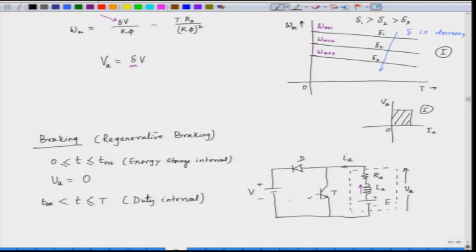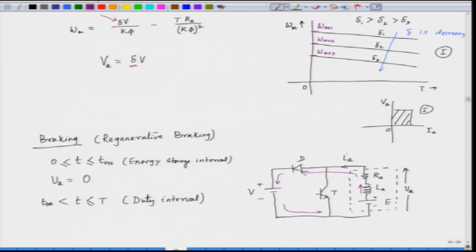So, the switch is now off. When the switch is off, the current which was stored in the inductor, this inductive energy goes to the source. The diode turns on. So, the source is getting charged, or the energy is fed back to the source, that is the duty interval. It means the energy from the armature circuit is fed back to the source.